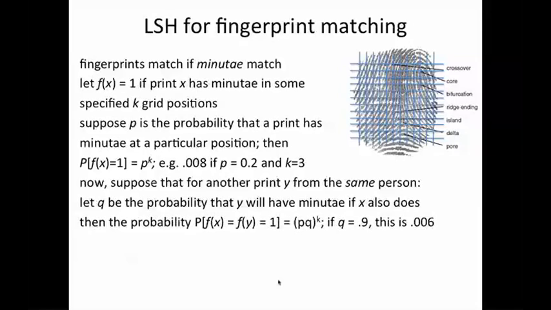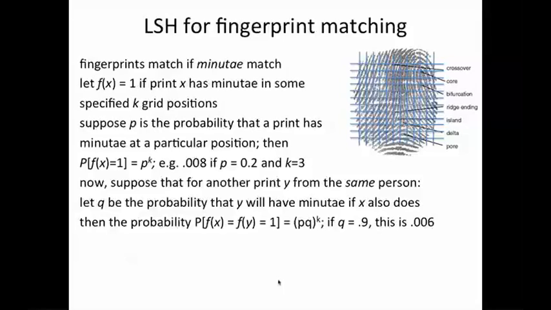Now let's look at the function f. What is the probability that f of x is 1 and f of y is also 1? Well, first of all, the probability that f of x is 1 is p to the k, so that needs to happen.